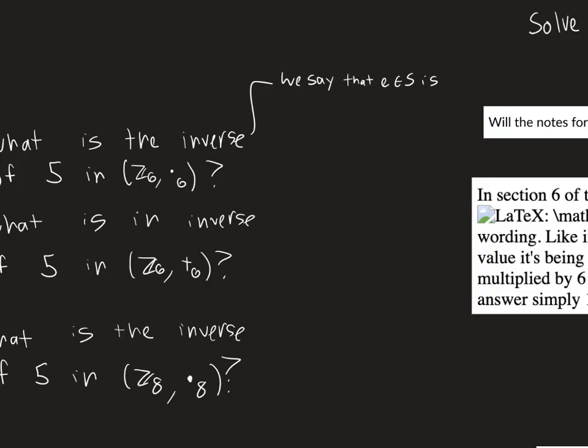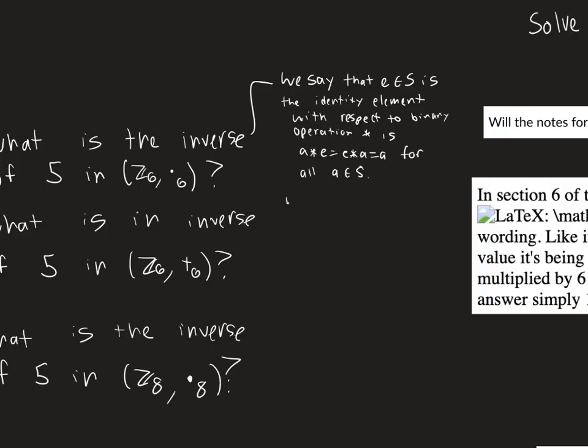We say e in S is the identity element with respect to binary operation star if a star e equals e star a equals a for all a in S.